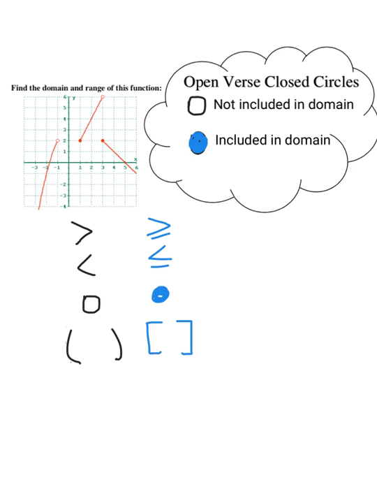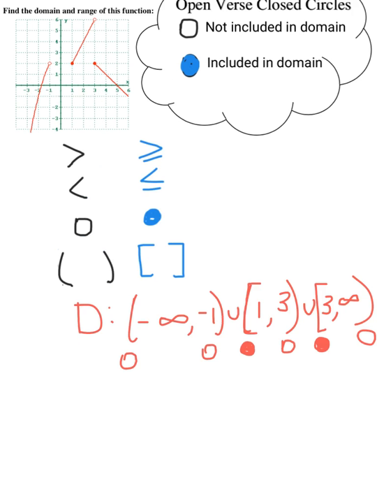So now what I'm going to do is I'm going to write the domain and range. I'm going to write the domain in red, and I'm going to write the range in green. All right, so I've written the domain in red, and I want to just show you how these symbols represent our graph. This right here, open parenthesis, means that my graph is coming in from negative infinity.